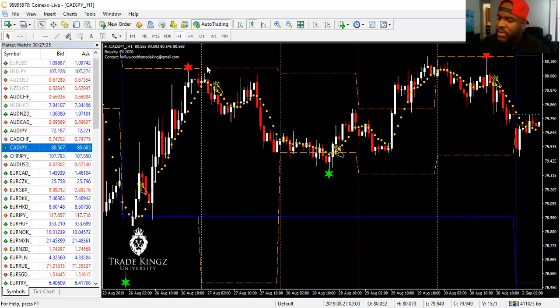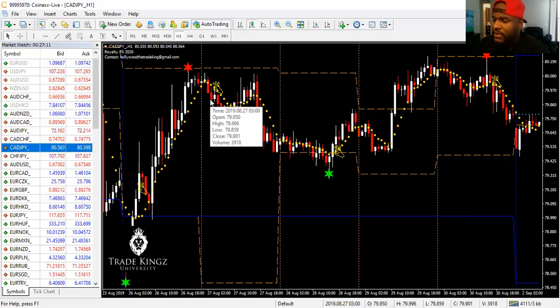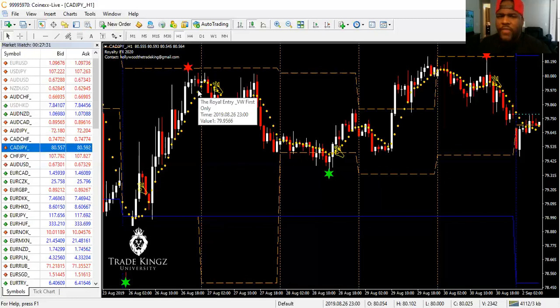Well, that would be considered a good entry. Or you can actually wait for the hand gesture. It just depends, you have to backtest it and see which one actually works better for you. Sometimes you can get in when this candle closed below this dotted line here. Sometimes you can get in, you know, 5 to 7 pips early. There have been times when you get in 10 pips early.